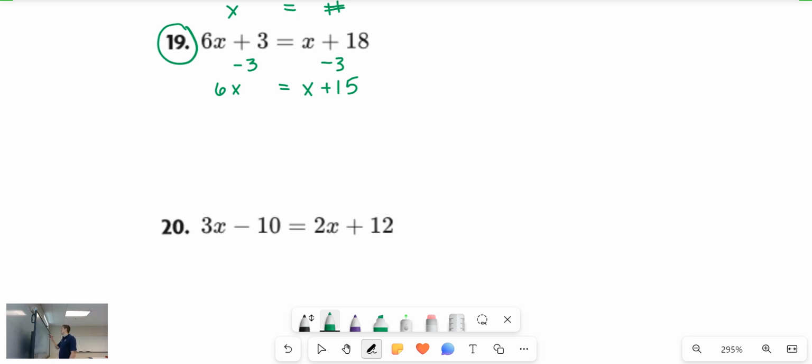So x plus 15. And the reason we do that is the subtraction property of equality. I'm just going to write the E now. You know what I mean. All right, subtraction property of equality. There we go.